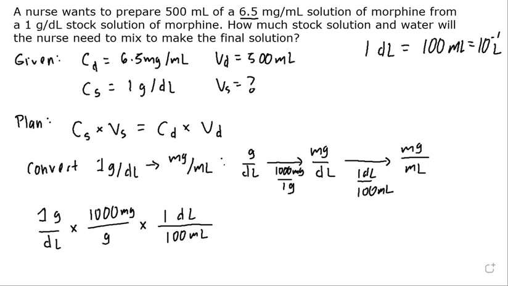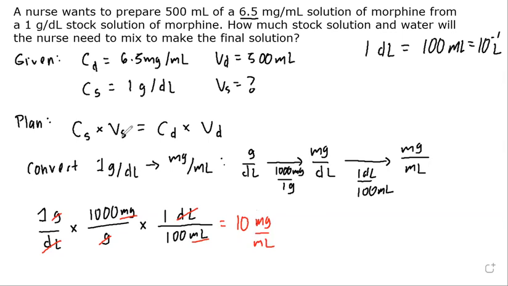If we check our units, grams and grams cancel out, and deciliters cancel out, and we're just left with milligrams per milliliter. So we end up with equals 10 milligrams per milliliter.